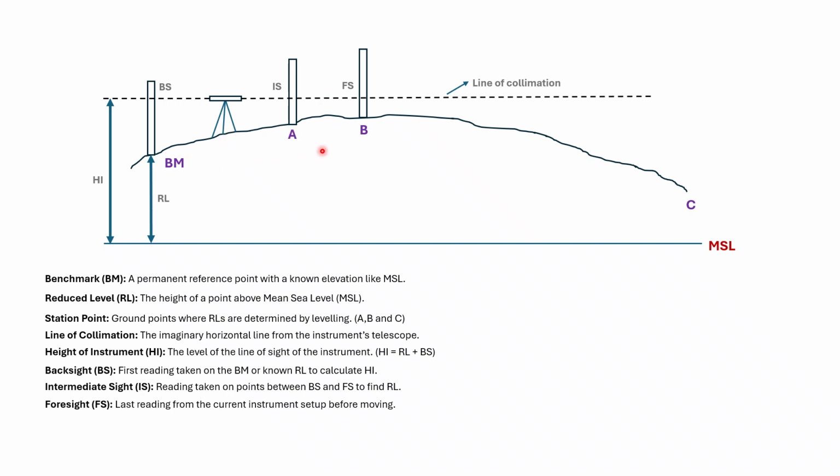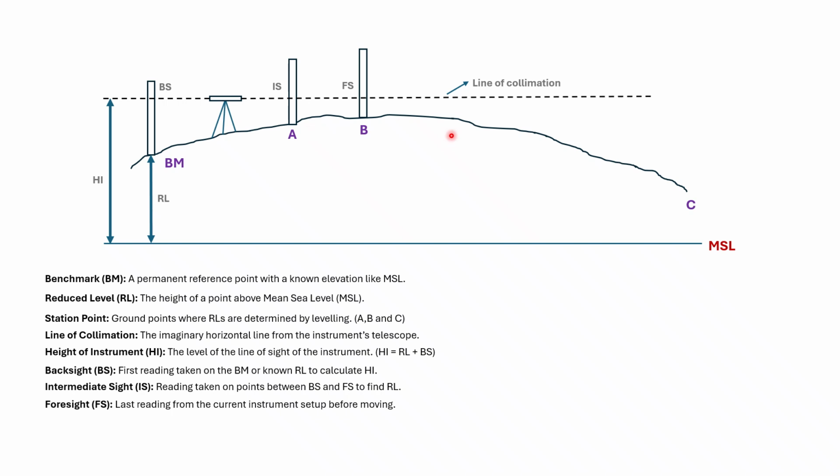For example, if we take more readings on this setup, like between point A and point B, let's say there is another point A1 between these points, the reading on A1 would again be the intermediate sight, since all the readings between the backsight and the foresight would be known as the intermediate sight. Since we have only three readings on this setup, that's why only one intermediate sight is found here.